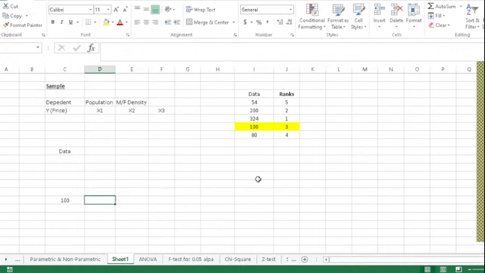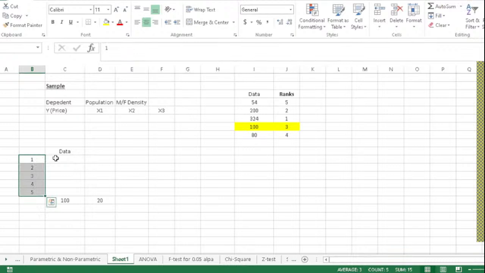So mean will be 100 by 5, right? Now, what does degrees of freedom mean? 1, 2, 3, 4, and 5. So my data has 5 observations, right?